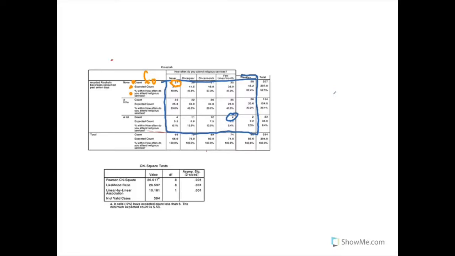The second number is the expected frequency, F sub E. Expected frequency is based on the null hypothesis. And remember, the null says there is no association.